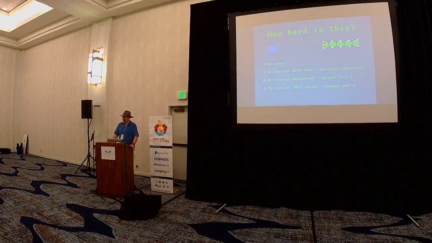So how hard is this? And like I said, I script kiddied this. Now, there are a lot of really cool, sophisticated ways to infect an app by modifying the binary and all this kind of stuff. That's too hard. We don't want to make this so hard. I mean, a script kiddie ought to be able to do this, right? So I intentionally tried to copy and paste as much as I could from Google searches, and I ended up with 22 lines of Swift code for the malicious executable.